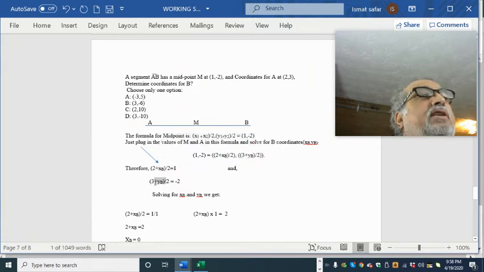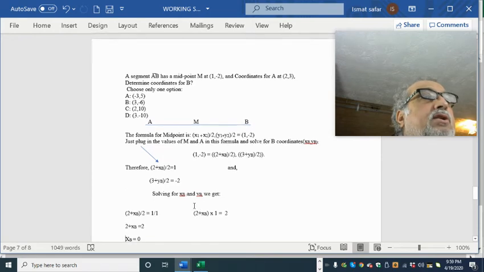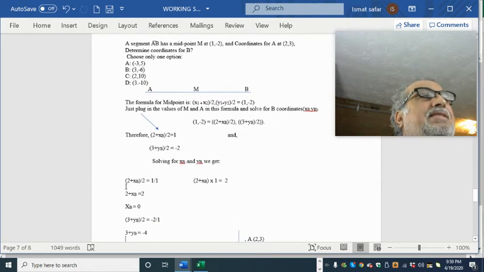And this is very easy. What are x of B and y of B? They are the x coordinate of point B and the y coordinate of B. Now what we have left is to solve the equation: 2 plus x of B over 2 equals 1.